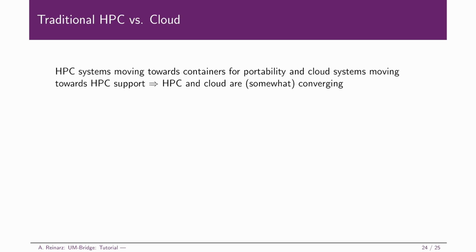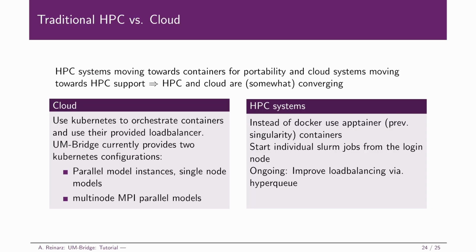Okay, so I want to briefly mention what to do on a traditional cluster. In this case, you often can't use exactly the same things. If this is a cluster you administer yourself, then you can set up Kubernetes on this. You can just use these configurations that we provide. If this is a cluster someone else is administering and they're not letting you do this, you may need to do something slightly different.